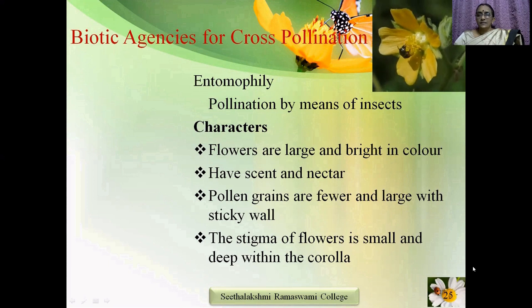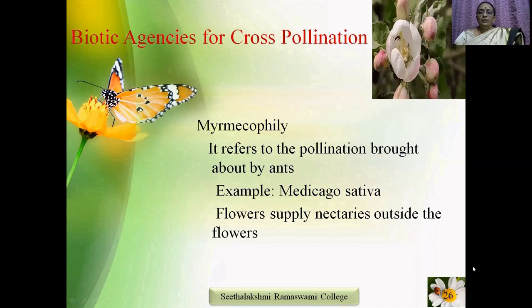Flowers are usually scented to attract insects, and the flowers will have nectaries to produce and store nectar that provides food for insects, and pollen grains are large and sticky. So flowers with these adaptations are particularly pollinated by insects.